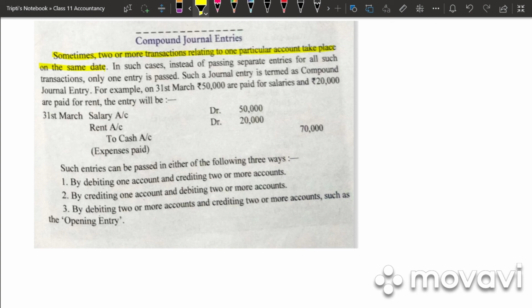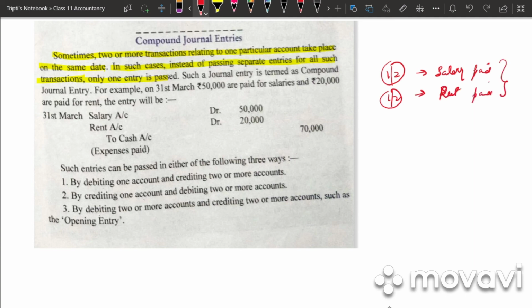In such cases, instead of passing separate entries for all such transactions, only one entry is passed. So sometimes what happens, you may have two transactions on a single date, say salary paid, and then again on 1st February rent paid.